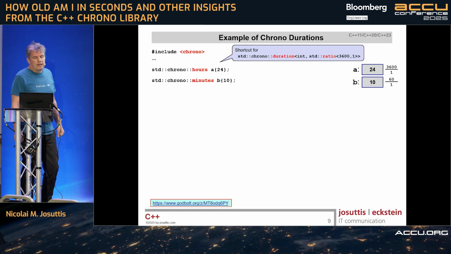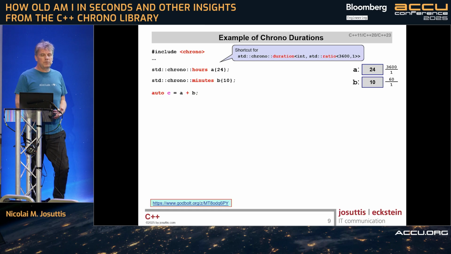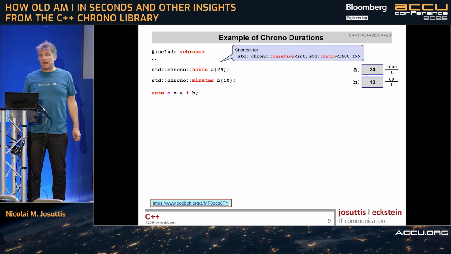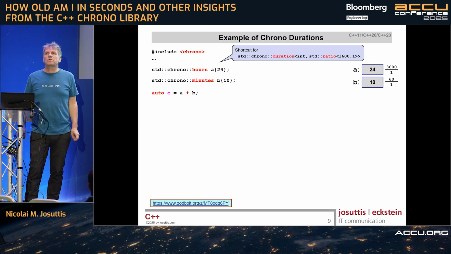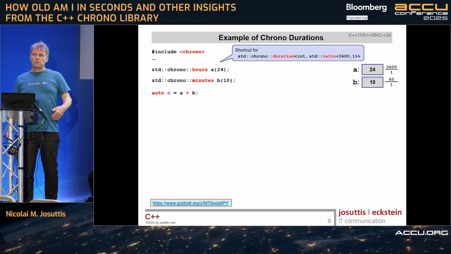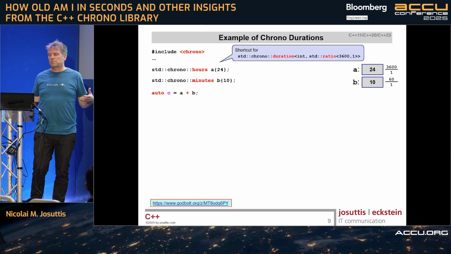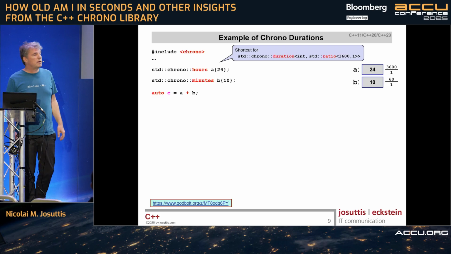Minutes, same way, it's just a different unit. So we have 60 seconds as units, so a different ratio here. And now, if you compute the sum of both, then compile time magic happens because we need the resulting type, which means we need the resulting unit. And the resulting unit has to be perfect to express all possible results, but on the other hand, not waste too much memory.